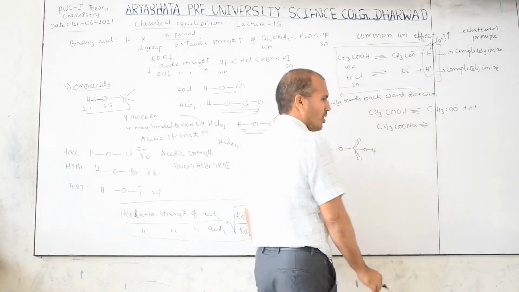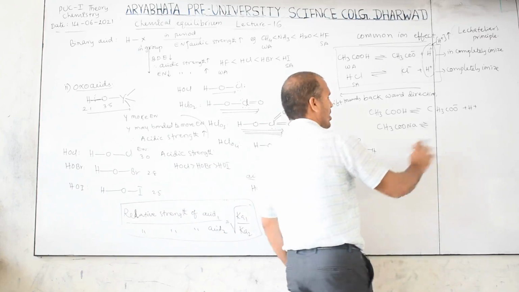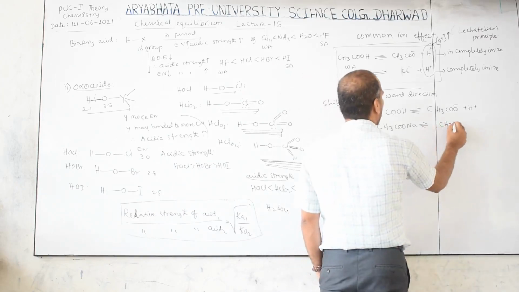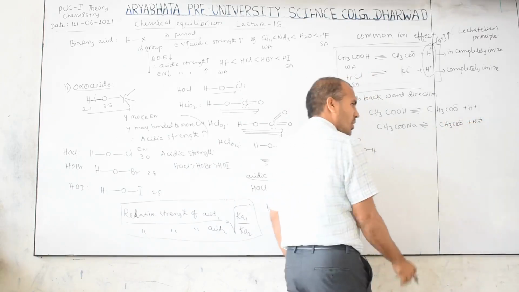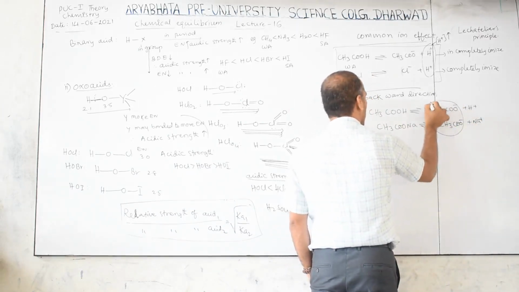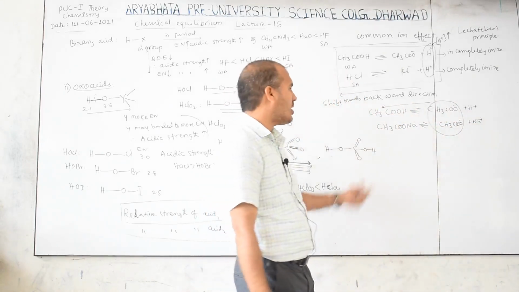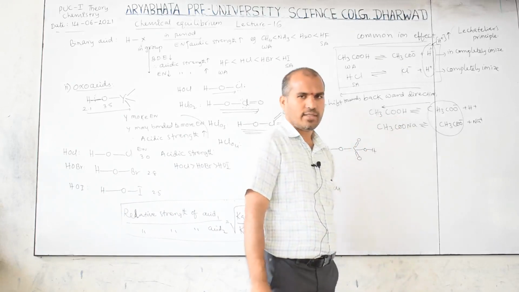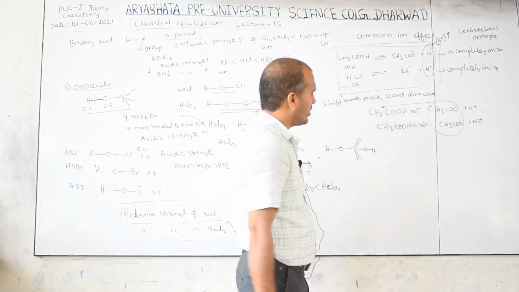Salts are generally completely ionized, not all salts, but a few are completely ionized, giving CH3COO minus plus Na plus. Now which is common? This is common. When this is common, the concentration of product increases, so the reaction shifts toward which direction? Backward direction, and forms unionized acetic acid. When it is unionized, the solubility decreases.